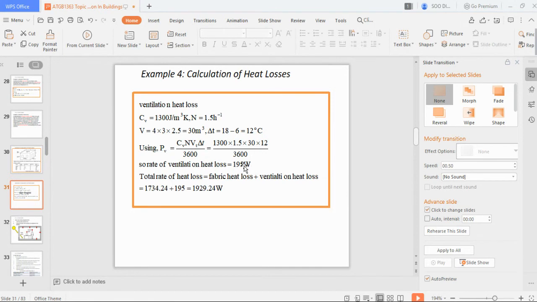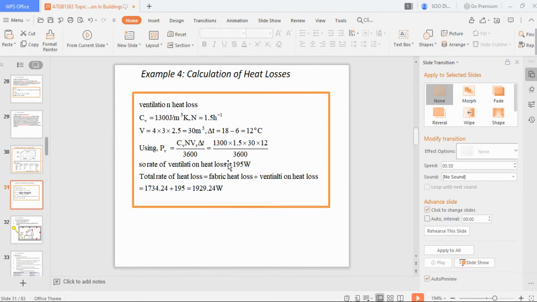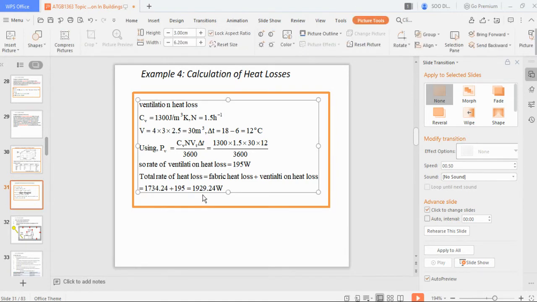So you get 195 watt. So with the previous total fabric loss 1734, you add them with your ventilation heat loss 195, you'll find that your total heat loss for this particular question or building is 1929 watt.